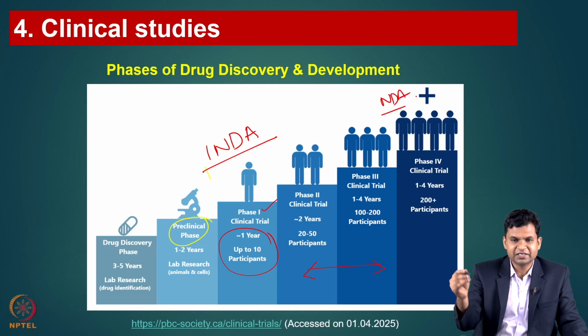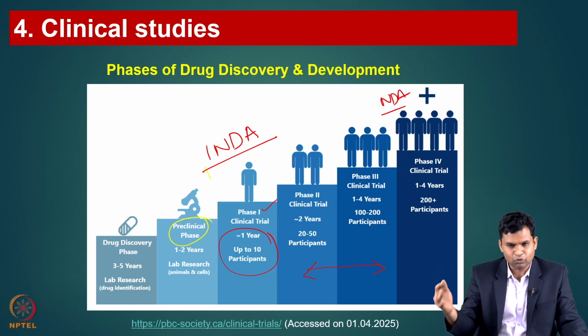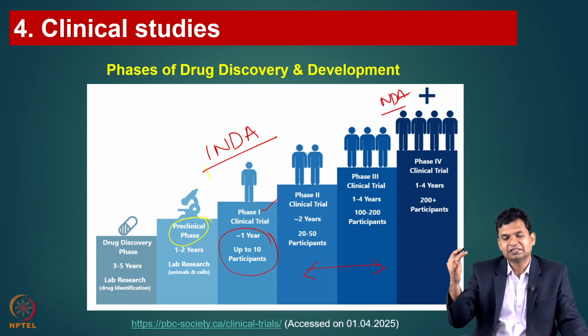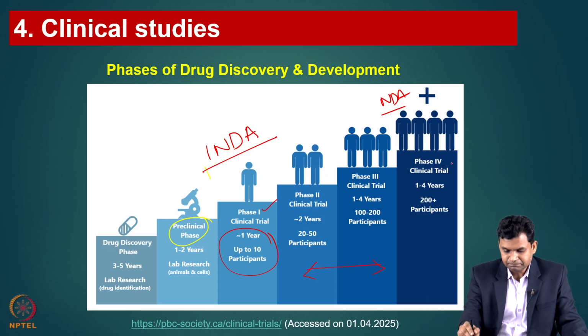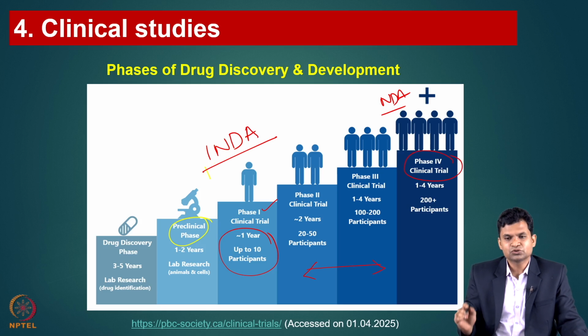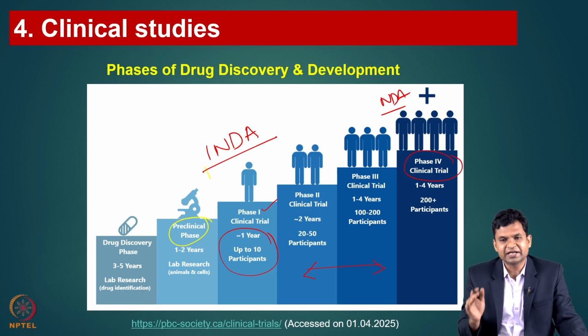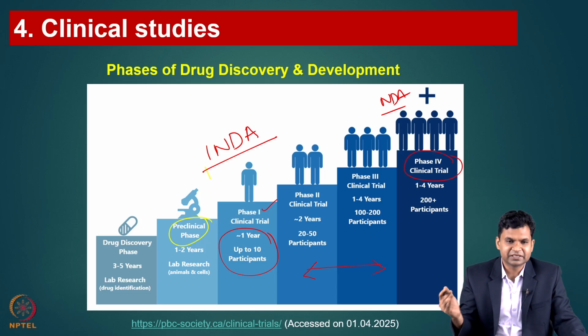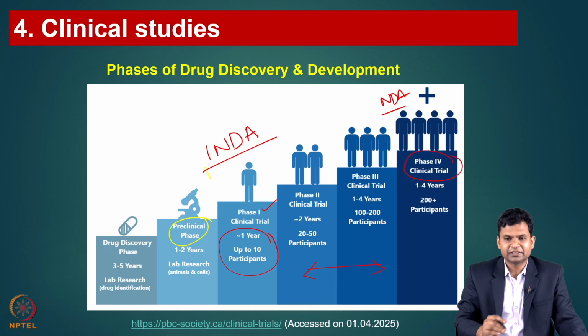After several years, the FDA regulatory body will review and approve it for marketing. After marketing, there is one more stage, that is the phase 4 clinical study. Here we will see the side effects and other drug-drug interactions, food interactions that can be evaluated through the phase 4 clinical trials.